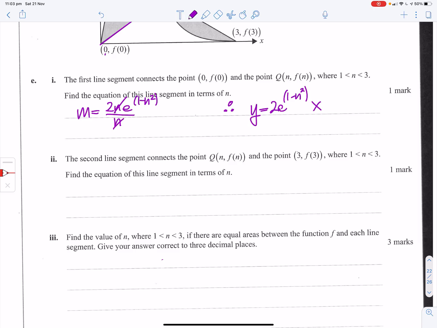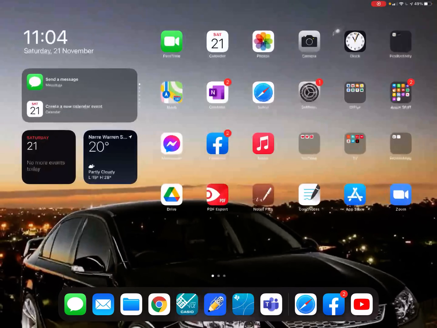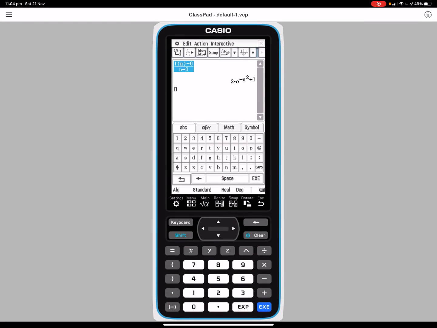Okay, so here the gradient is f of n minus 0 over n minus 3. So that's our gradient.